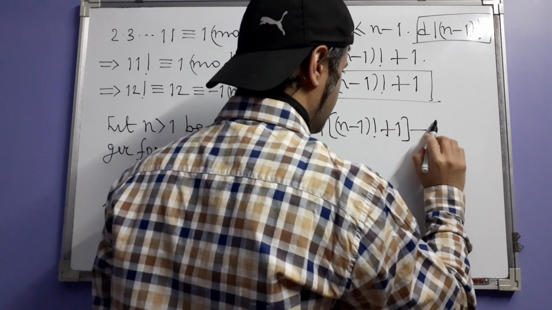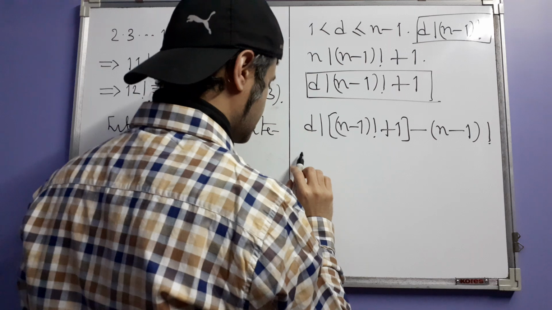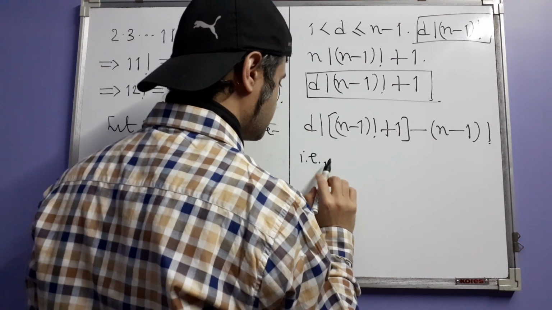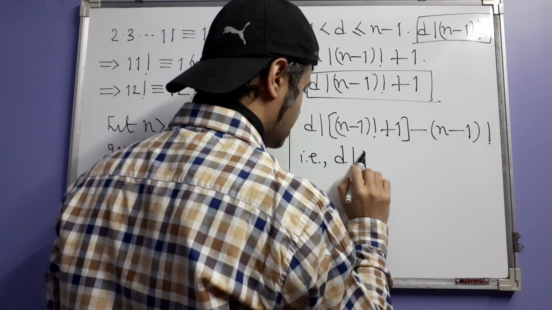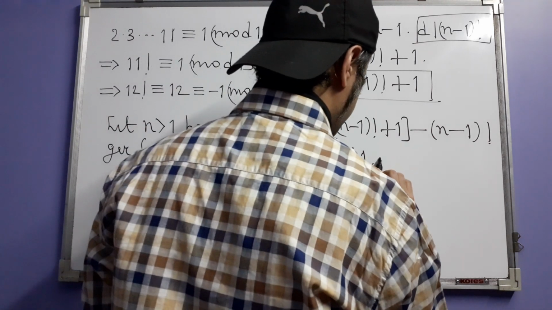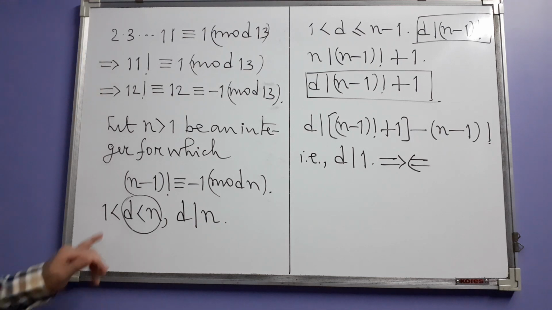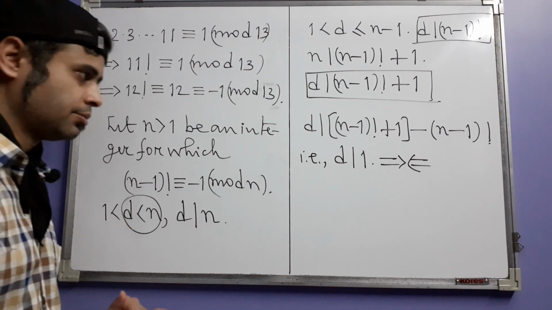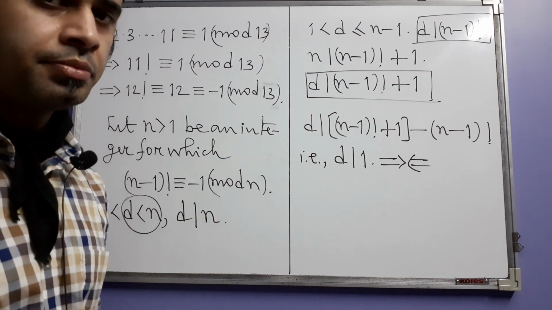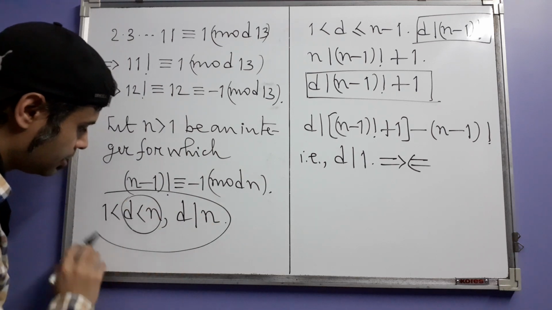Now you combine this divisibility relation and this one and conclude that d divides this minus this, that is, d divides 1. But this is a contradiction, because d is greater than 1, it cannot divide 1. That is why our supposition that n is composite is wrong.